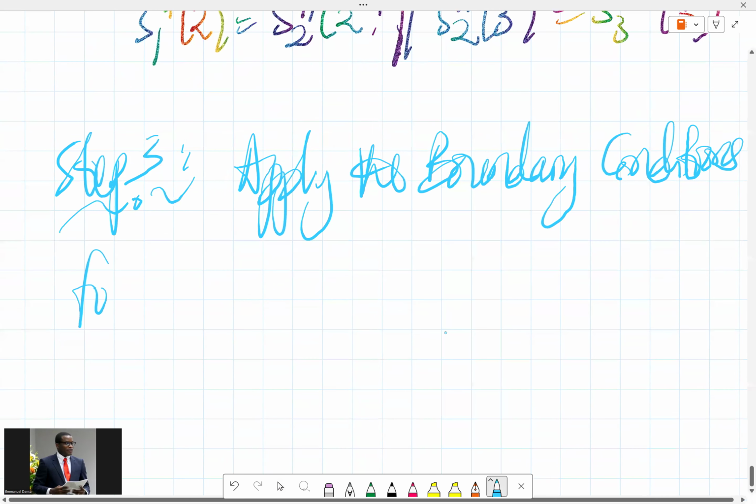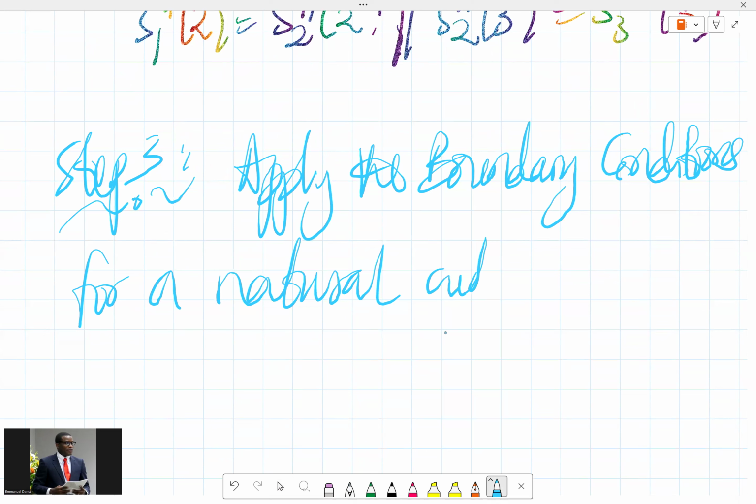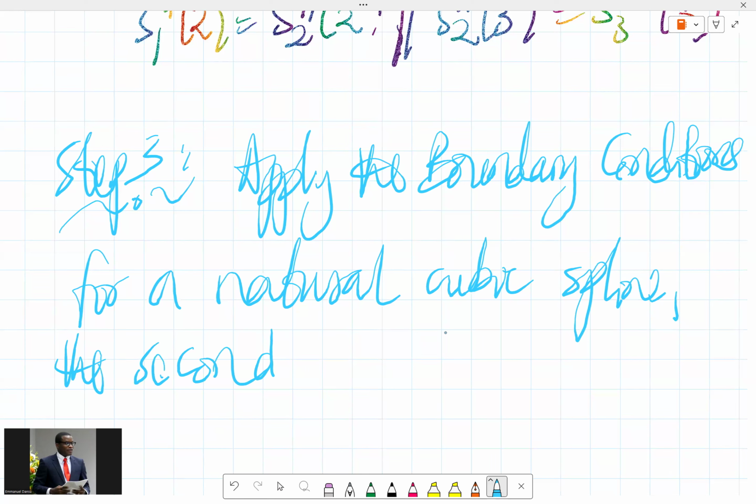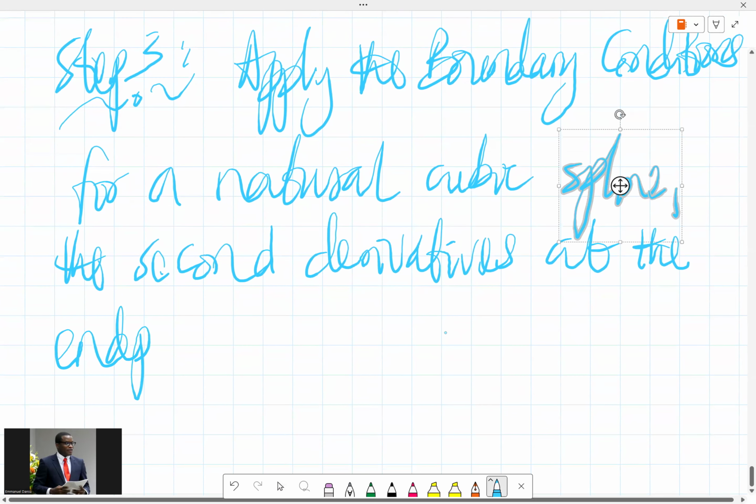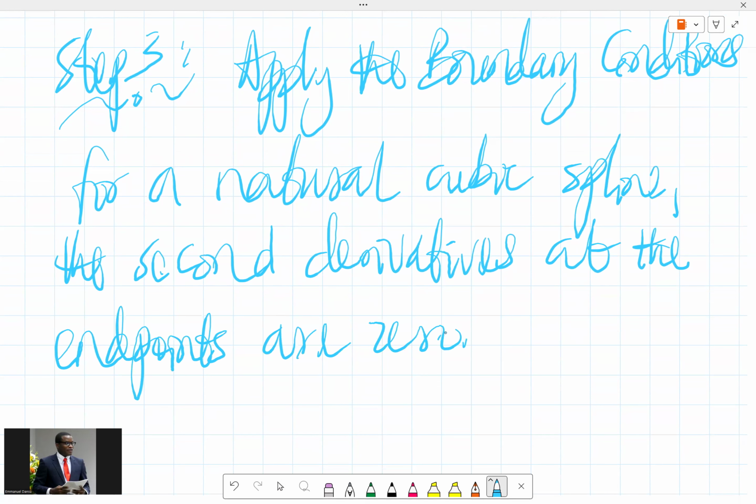So for a natural cubic spline, the second derivatives at the endpoints are 0.